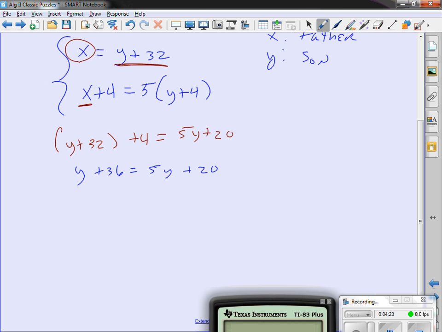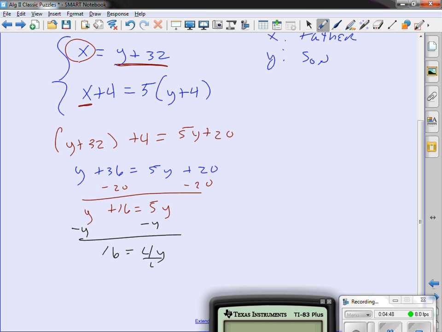What should I do now? Okay, I can minus the 20. Minus 20, minus 20. 36 minus 20 is 16. Subtract the y, subtract the y. 16 equals 4y.